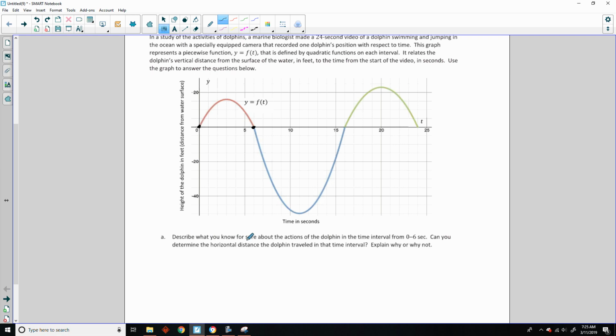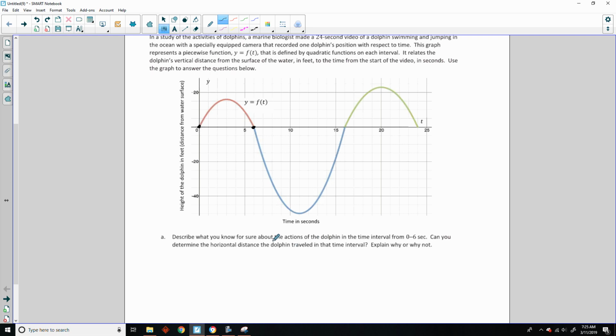Okay, can you determine the horizontal distance the dolphin traveled in that time interval? In other words, as it was swimming, it jumped. It's asking if this graph shows how far it jumped from one point in the water. So it came out of the water at a certain point and landed in the water at a certain point 6 seconds later.